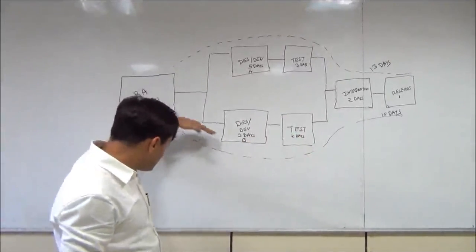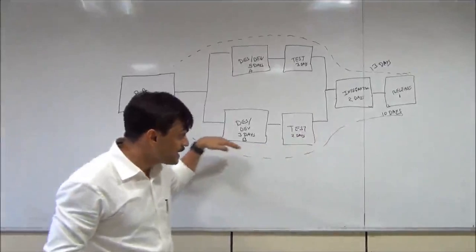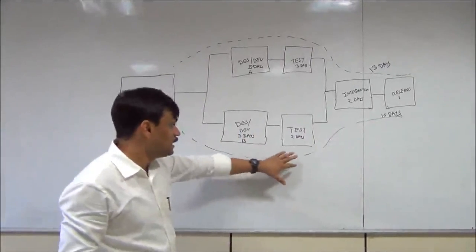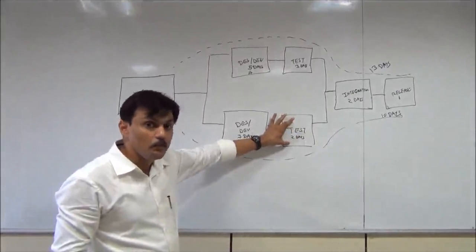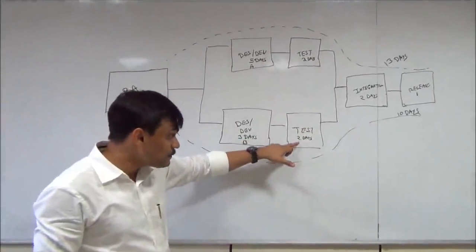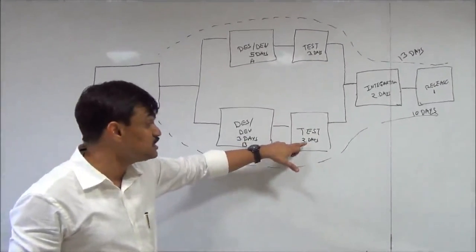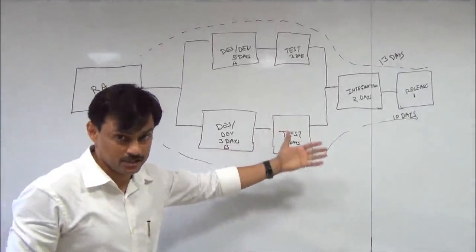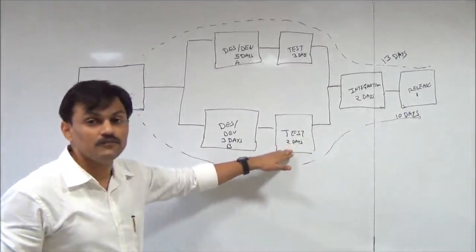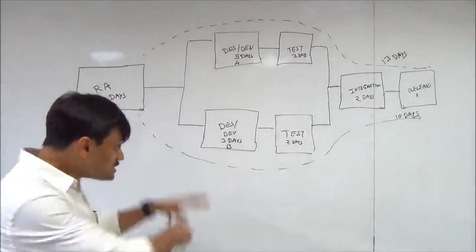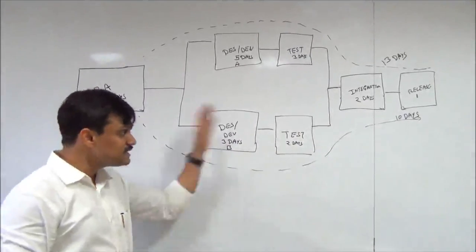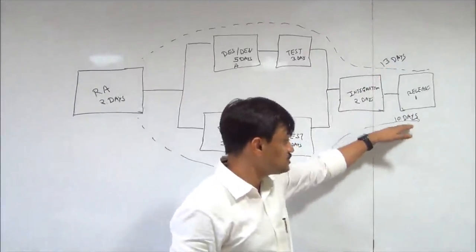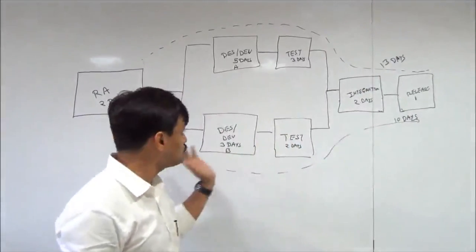Since this path has slack, because the total path duration is 10 days, if I delay this particular activity by 1 day, so that instead of 2 days this testing takes 3 days, my project end date does not get impacted because this activity was not on the critical path. Since this diagram is simple, we can easily identify the slack just by knowing that the critical path is 13 days and this is 10 days, so we will have a slack of 3 days.